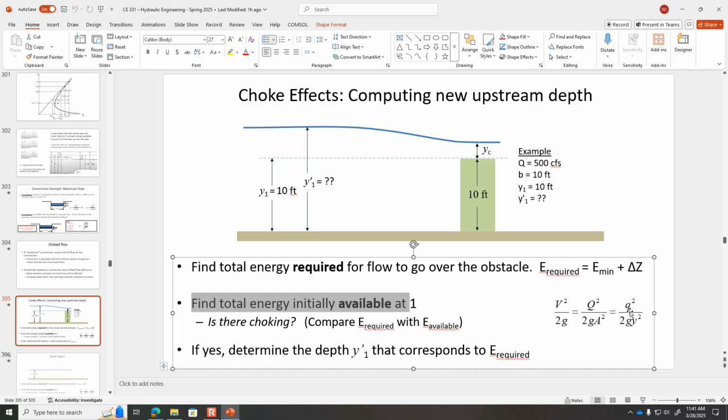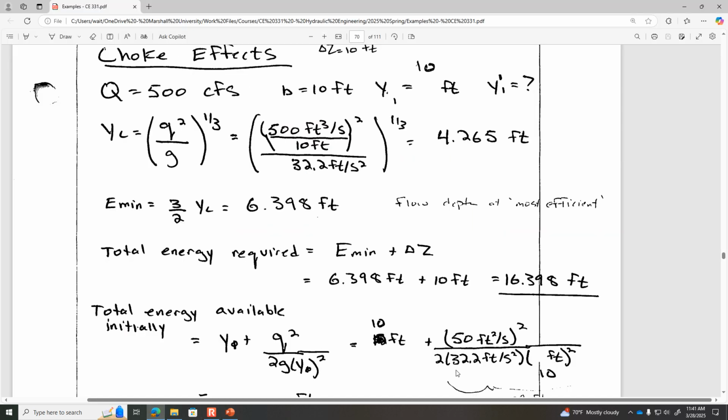That just takes the b term, the width of the channel, out of the velocity head. So here, I use that third method of calculating the velocity head, flow per unit width squared, divided by 2g depth squared. So how much energy was initially available at location 1, upstream?